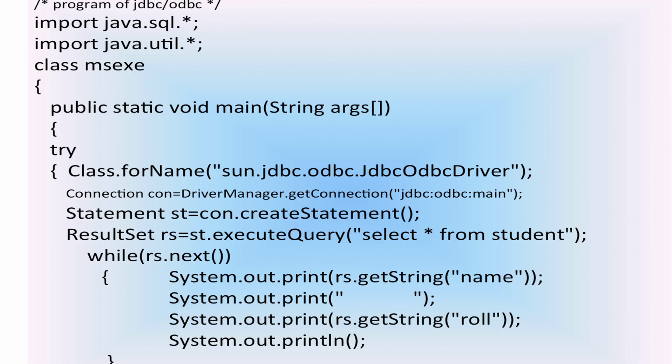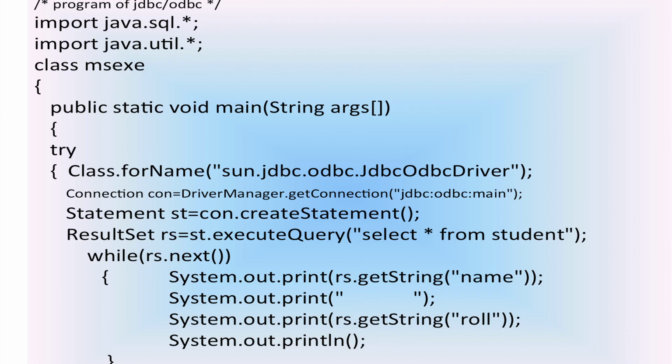The second statement is Connection con = DriverManager.getConnection, and the connection string is mentioned here: jdbc:odbc:main. The third statement is st = con.createStatement, which is a blank statement, and inside the brackets we have not written anything.